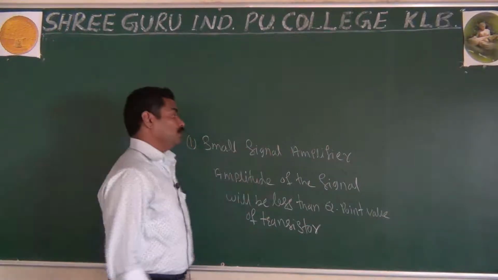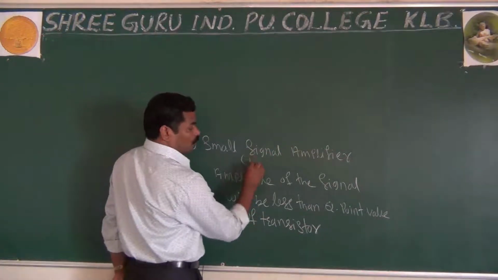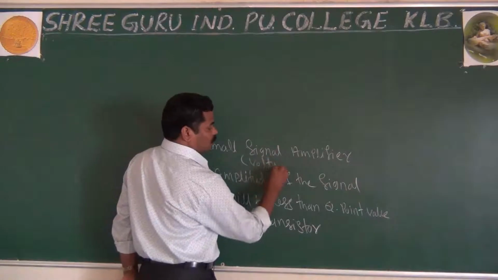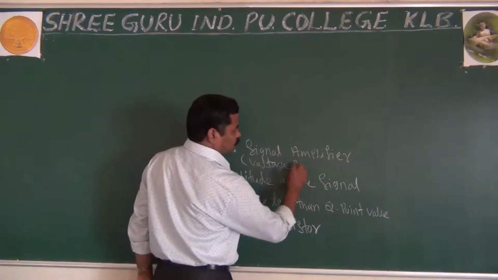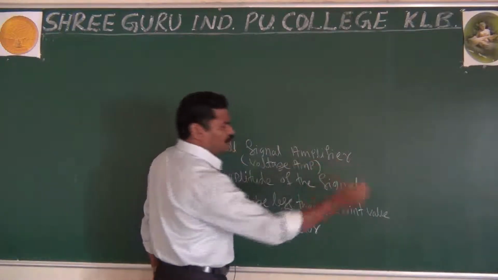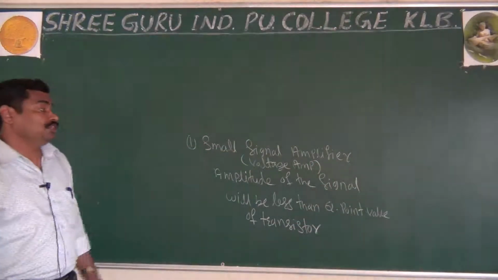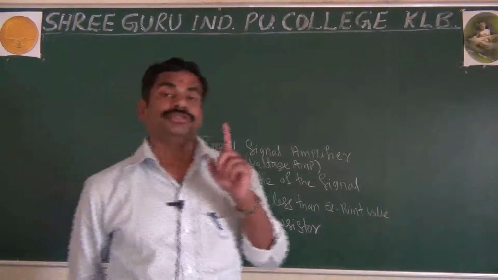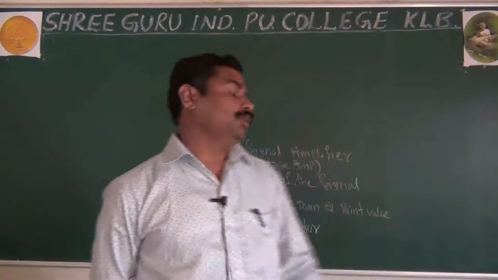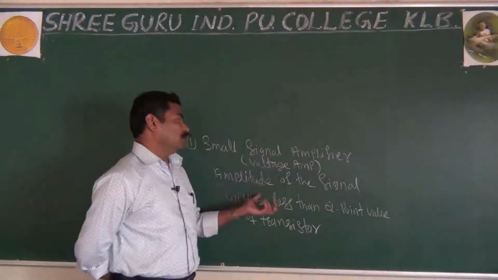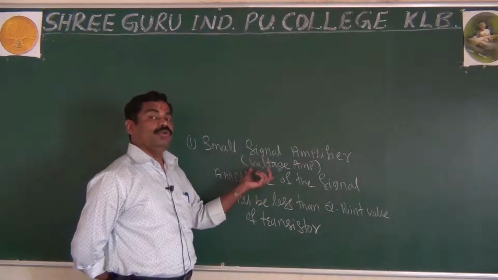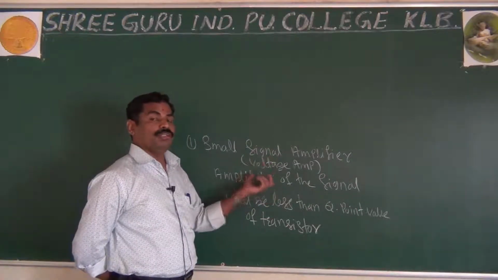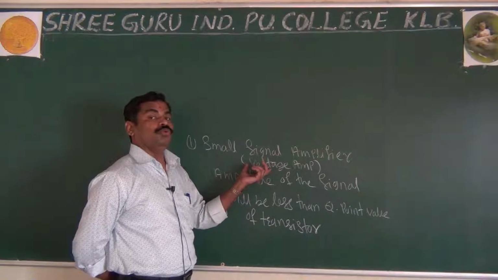The small signal amplifier is also called a voltage amplifier. Why is it called a voltage amplifier? Because in the small signal amplifier you are increasing the voltage level of the signal. You get more voltage amplification, more voltage gain.